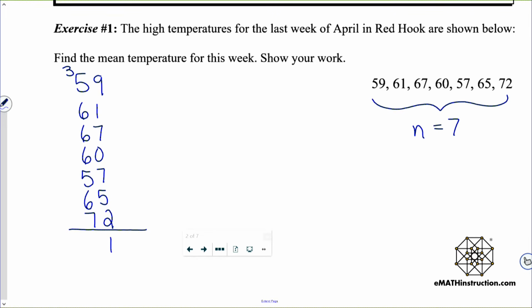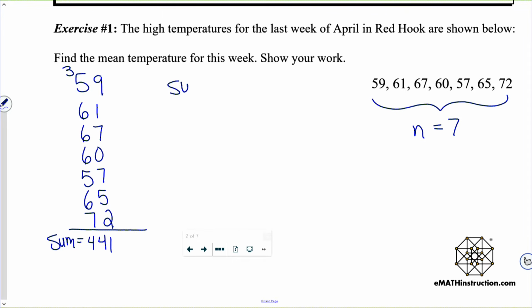Then we have 7 plus 6, which is 13, plus 5, which is 18, plus 6, which is 24, plus 6, which is 30, plus 6, which is 36, plus 5, which is 41, plus 3, which is 44. So I would call this the sum.